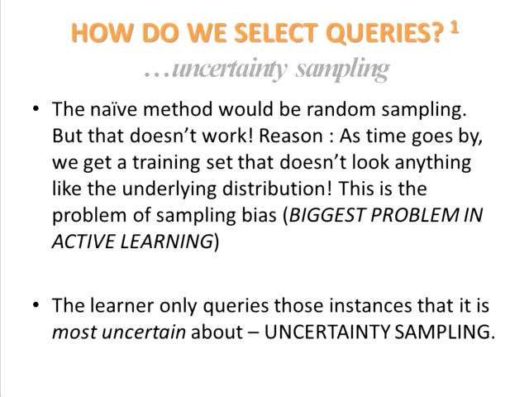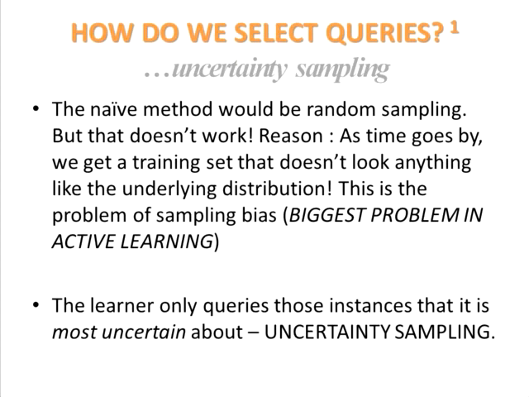Okay, now how do you go about selecting the queries? That's the next question. The first thing that probably comes to your mind would be random sampling. I'm going to randomly pick out some unlabeled instances, ask the oracle to label them, add them to my training data set, retrain my classifier, and keep on doing that. However, that does not work, only if life was that simple, right?